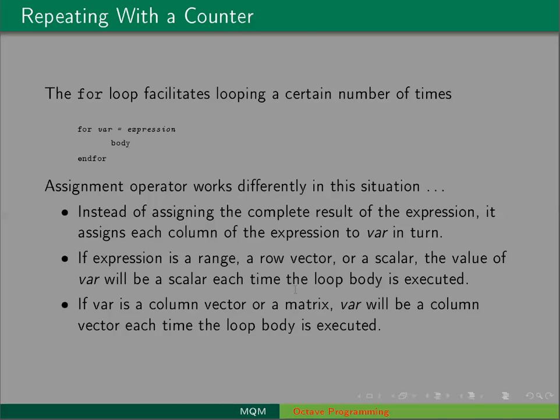So if this expression is a range, a row vector, or a scalar, then the value of the counter variable var is going to be a scalar each time the loop body is executed. If the expression is a column vector or a matrix, var will be a column vector each time the loop body is executed.